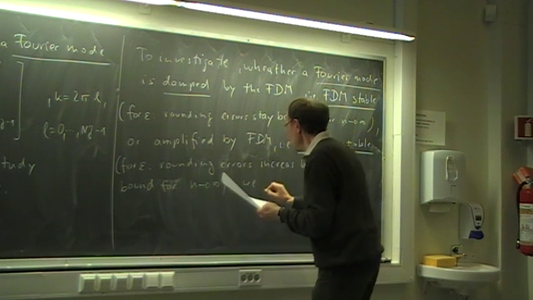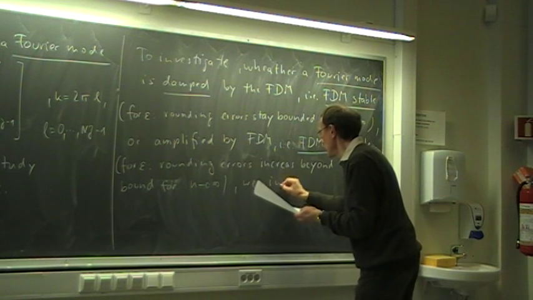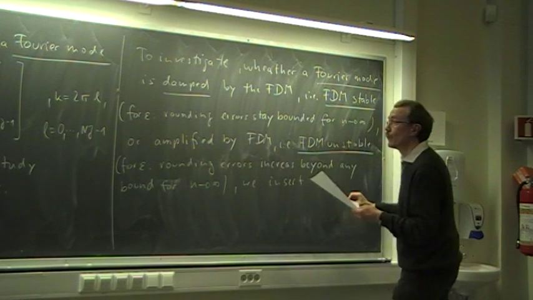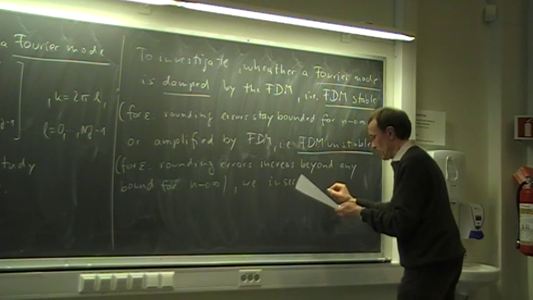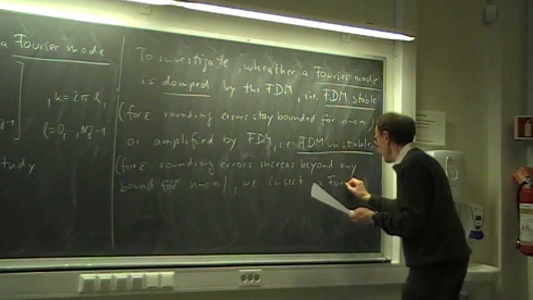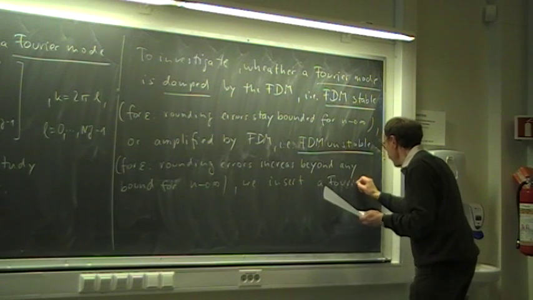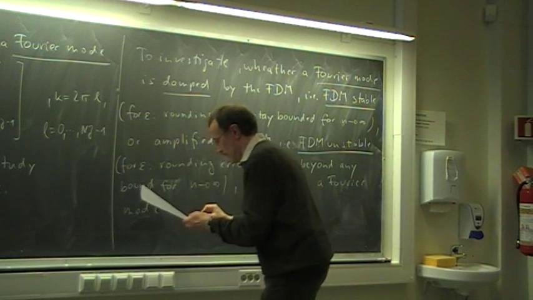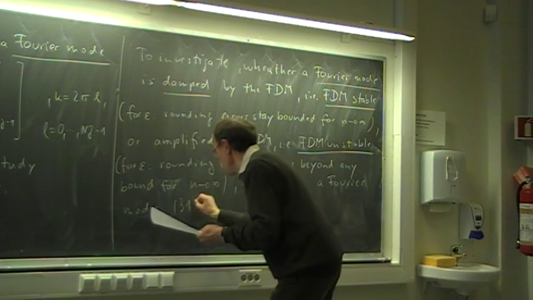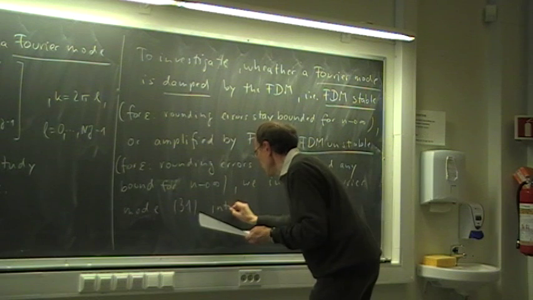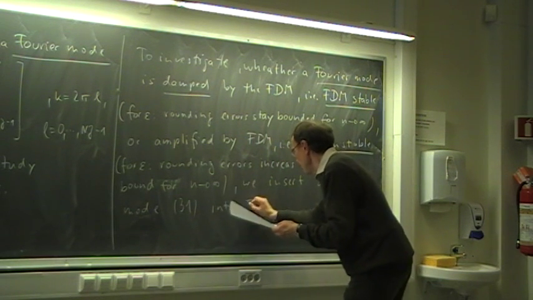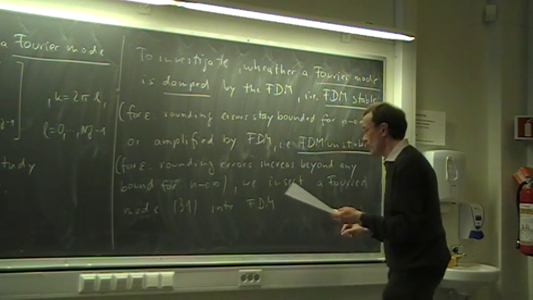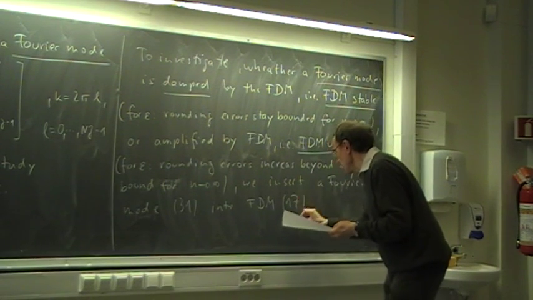So to do this, we insert a Fourier mode, that is 31, into the FDM. That is 17.